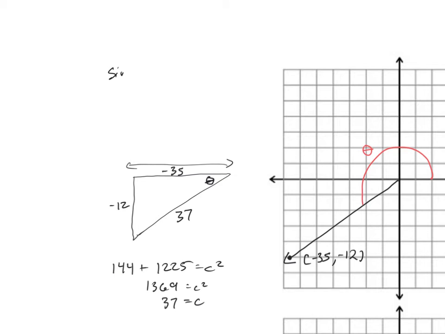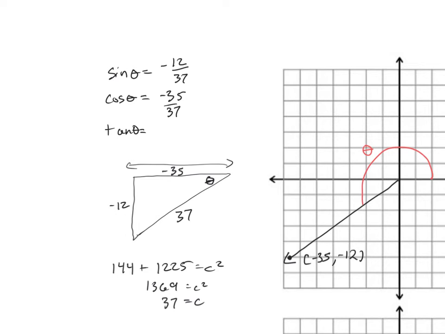Sine of theta is what? Negative 12 over, and in this case, our hypotenuse is always going to be positive. So negative 12 over 37, because sine is opposite over hypotenuse. Cosine is adjacent over hypotenuse, negative 35 over 37.